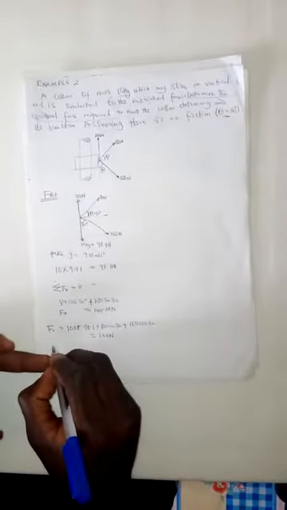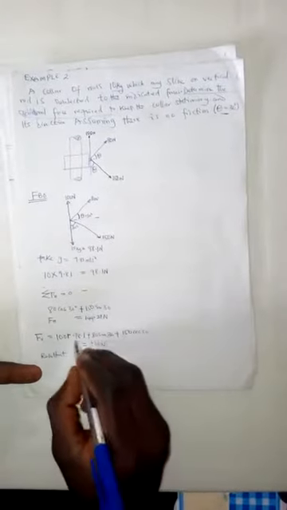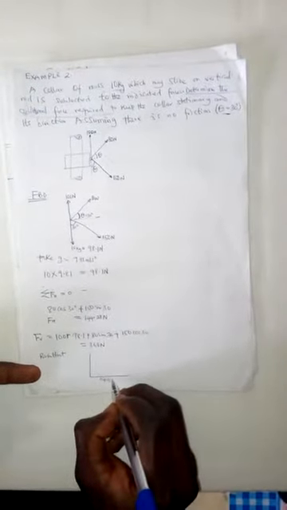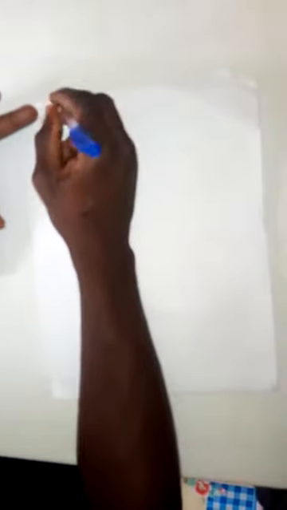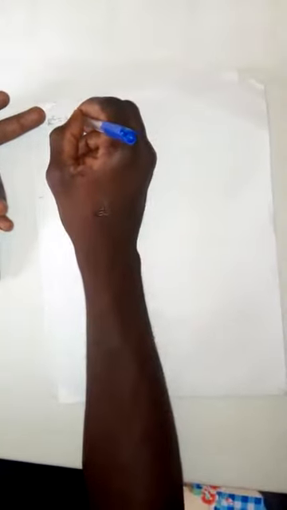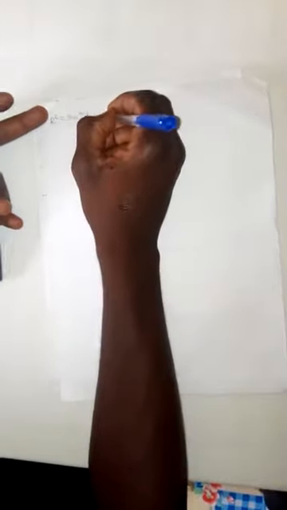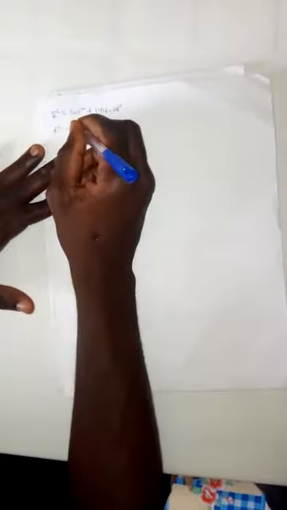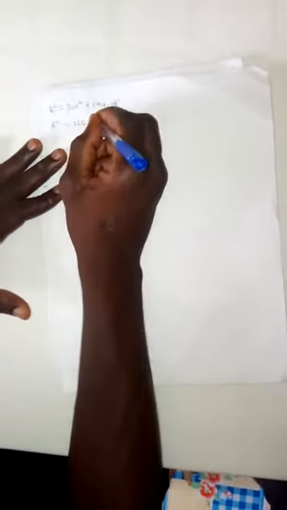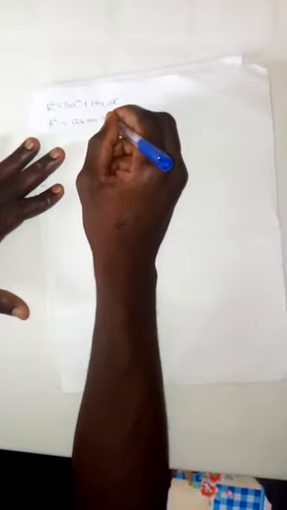Now you can look for the resultant. The horizontal is 144.28 Newton, and this is 368 Newton. To take the resultant here, you use Pythagoras. R squared equals the square of the opposite side, 368 squared, plus 144.28 squared, and that R squared gives you 156,240.7184.